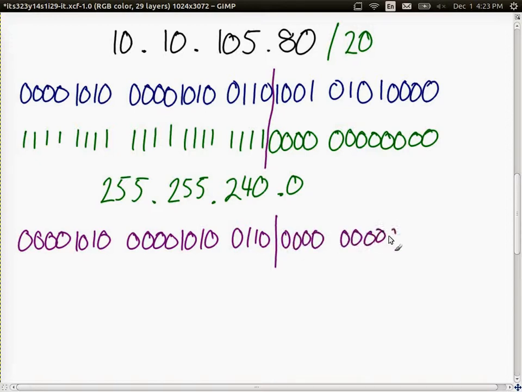This is a special case address, and it's the address that we use to refer to that subnet. Remember, instead of calling it the blue subnet, we said it was subnet 1.1.1.0. It's called a network address.